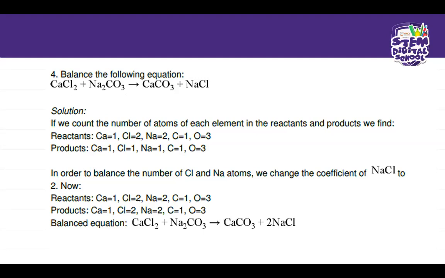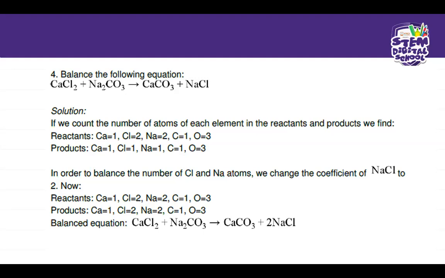Then we write what we have on our product side: Ca is 1, chlorine is 1, Na is 1, C is 1, and O is 3. The only things balanced so far are the calcium and the oxygen, so we now need to make a plan for chlorine and sodium.